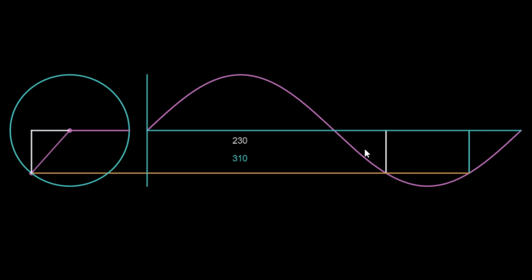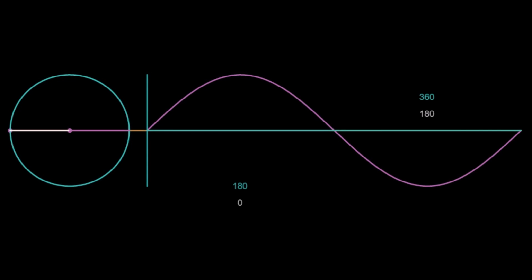Now, there's another thing to note here as well, is that this curve here is exactly the same as this curve here. The only difference is that the negative values here would be the same as the positive values up here. So let's look at that in the next simulation.